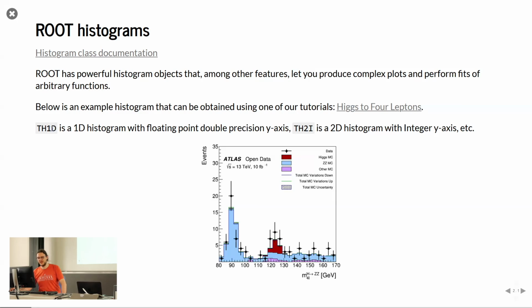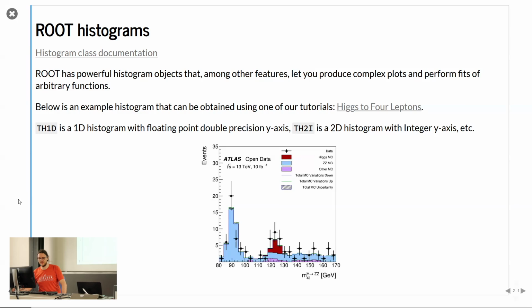And then you have a data type for the axis of the histogram. In this case, it's a one-dimensional histogram where the axis type is double, so like a real number represented by a computer. Another example would be TH2I, a two-dimensional histogram for integer observables.